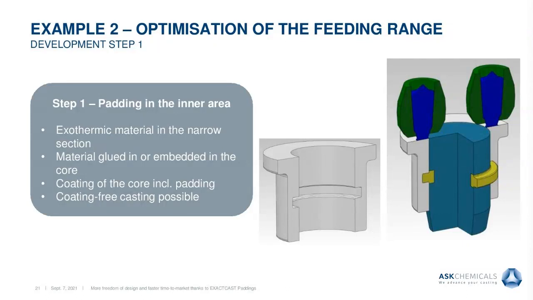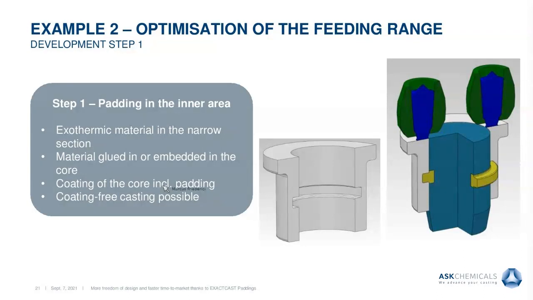So in our first example, we just added material there where you as a foundryman think, okay, if I would cast this as a complete casting, I will add material in that narrowed section, which is the first approach we can take here. So what we have to do is add the padding material, or the exothermic material, and we need a little core print to embed this into the core.